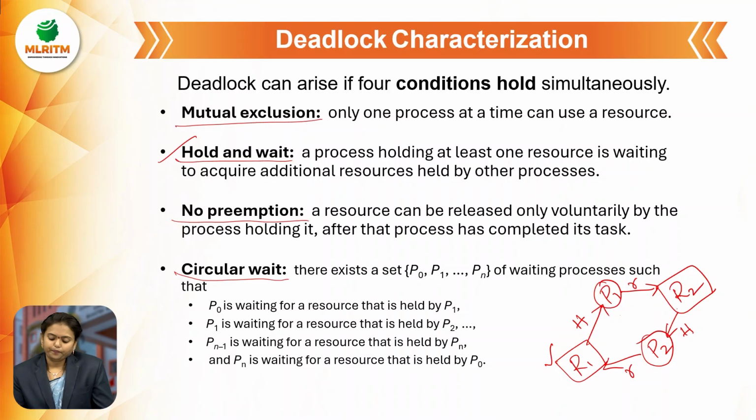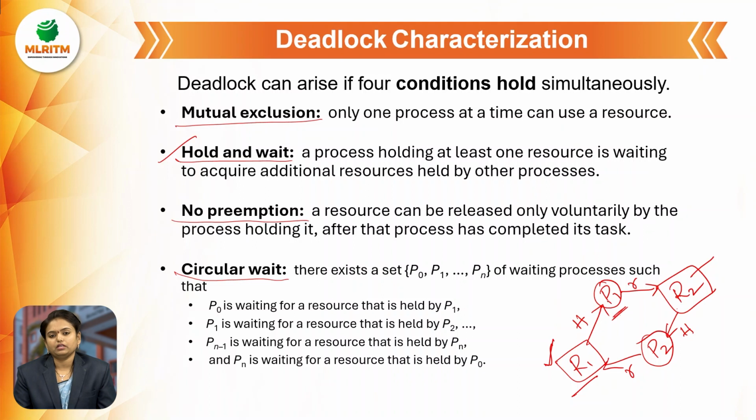So here process P1 is holding resource R1 and it is waiting for resource R2. So until and unless resource R2 is available for the purpose of execution of P1, it cannot release R1.